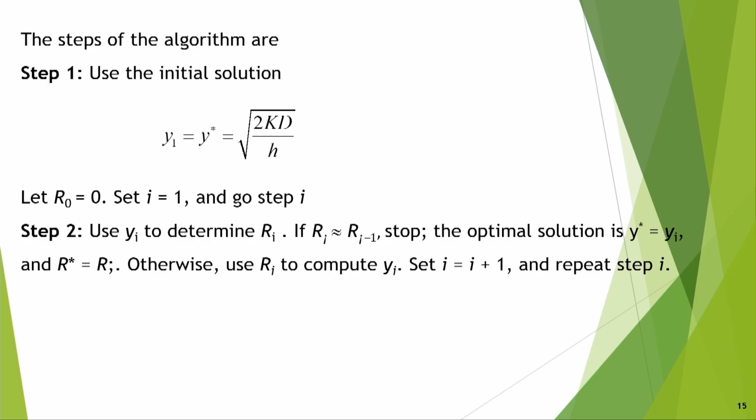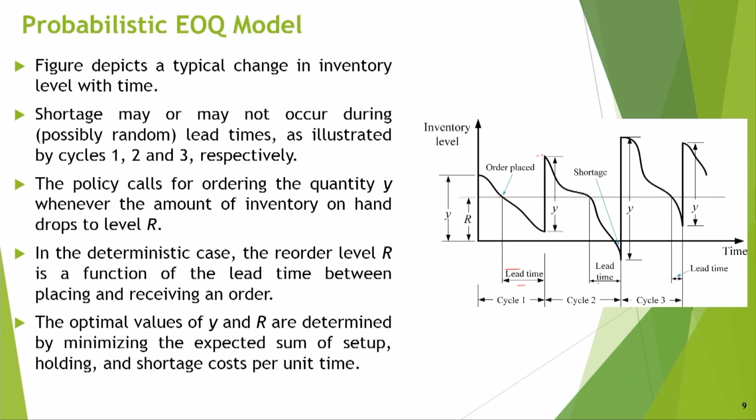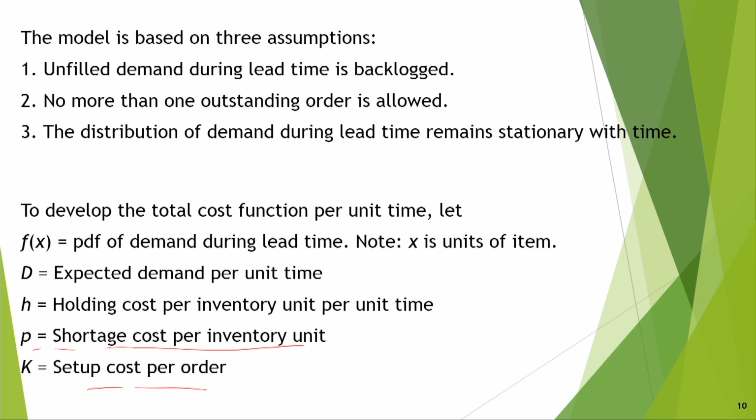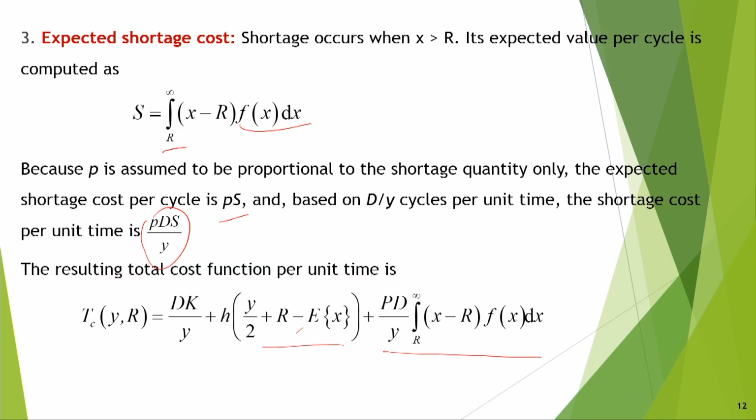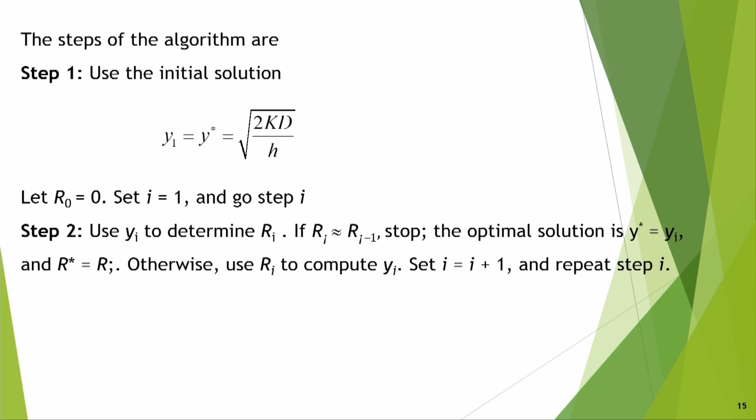So that is this one, and then you keep doing that. The steps of the algorithm are as follows. Step 1: use the initial solution y1 equal to y star, which is under root 2KD by h, and in the beginning let R0 be equal to 0. That means you have taken buffer stock to be 0. Then set i equal to 1 and go to step i.